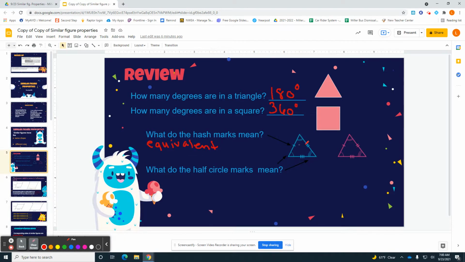So this line with one hash is the same as this line, whereas the line with two hashes is the same as the line with the two hashes, and the one with three is the same as the one with three.